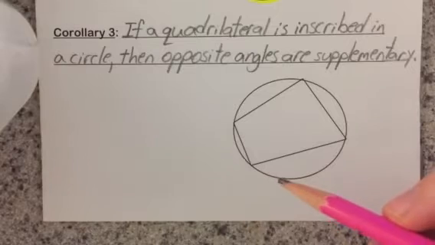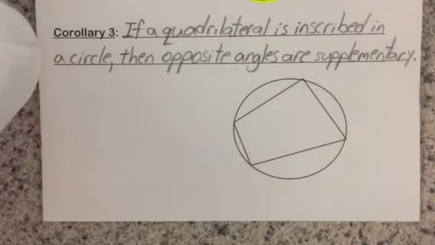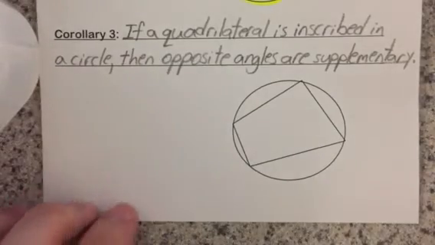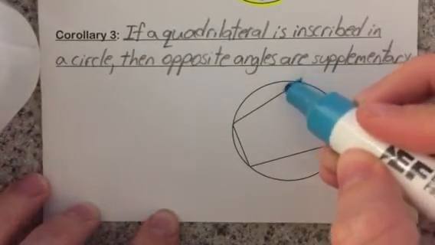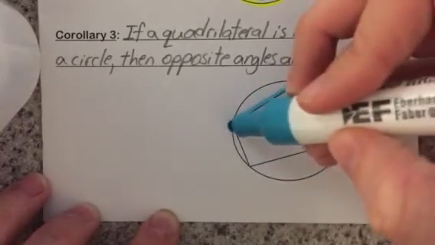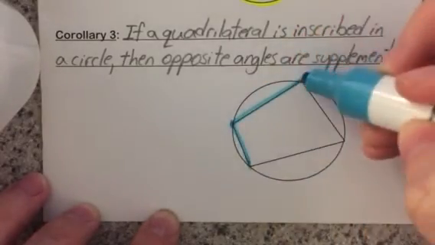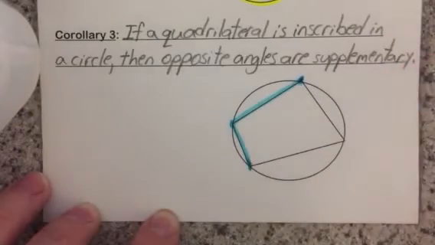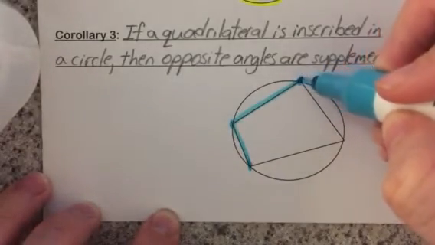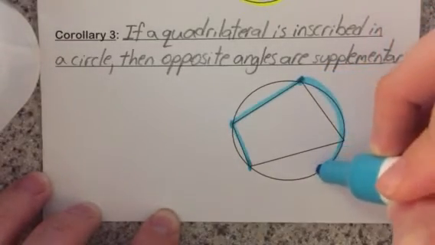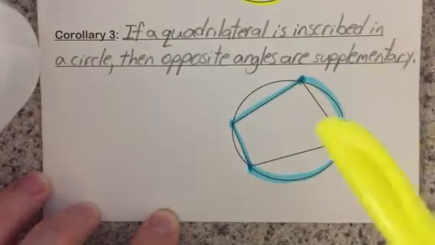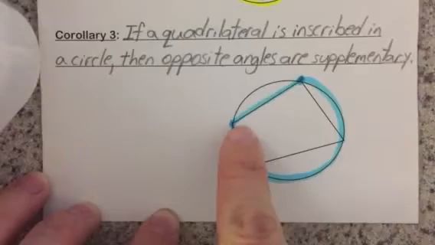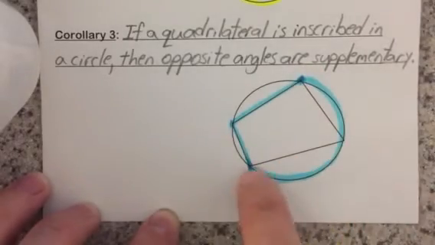And we can prove this using the theorem. Instead of looking at this as a quadrilateral, let's highlight some parts and make it look like two angles. So if I highlight this, there's an angle. Here's its endpoints. It's intercepting this arc over here. So I know this angle, this one right here, is going to be half of this measure.